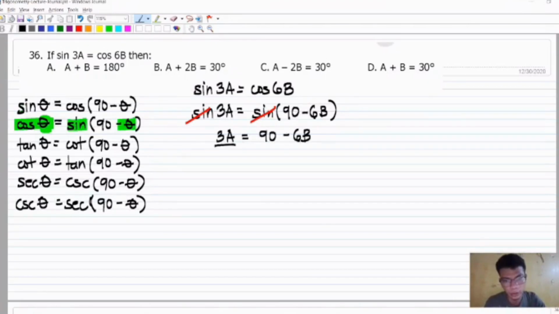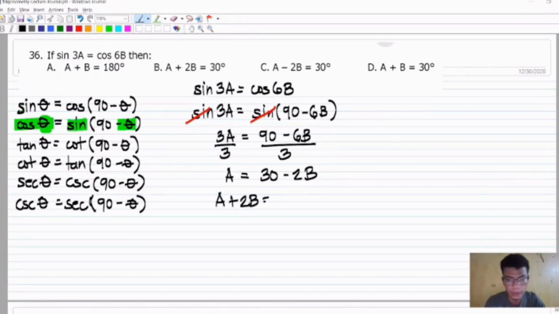And they are all divisible by 3, kung di ako nagkakamali. 3 over 3, ang matitira ay si a, 90 over 3 is 30, and then 6 over 3 is negative 2b. I-positive natin yung 2b. a plus 2b is equal to 30. So the answer is letter B.